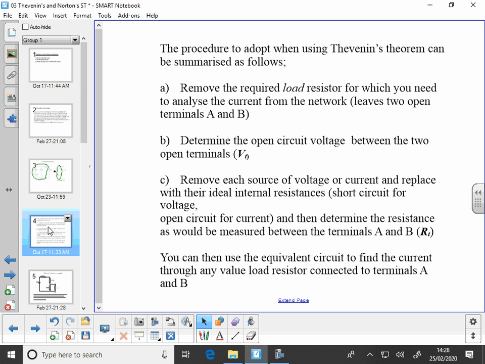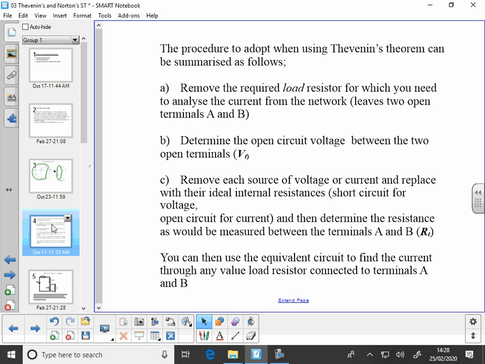Remove source voltage or current, so any voltage sources you take out, any current sources you take out, you replace them with their ideal internal resistances. So that's short circuit for a voltage source or open circuit for a current source.